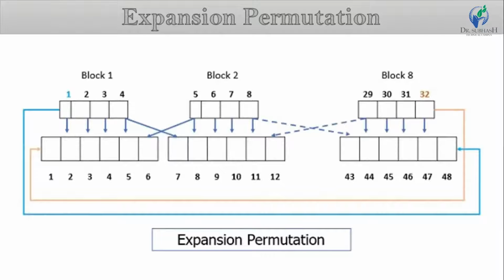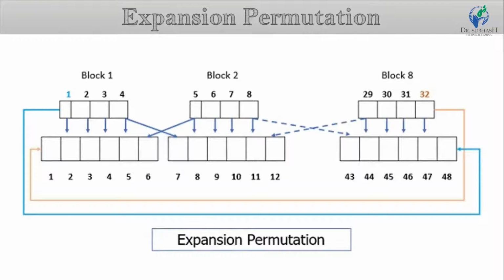Now, the expansion permutation is performed on the 32-bit RPT, which transforms it from 32 bits to 48 bits.